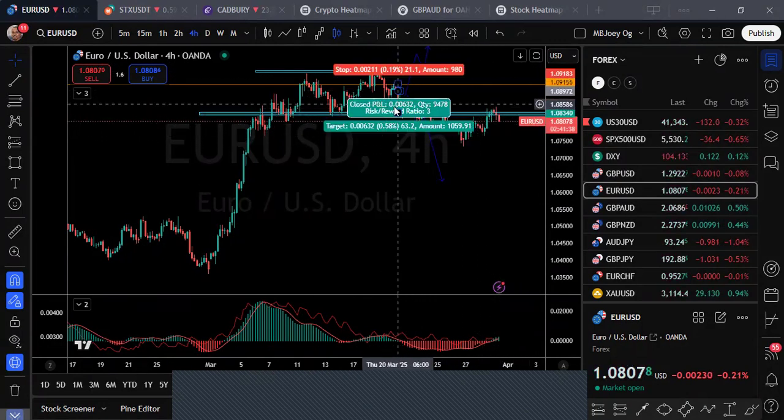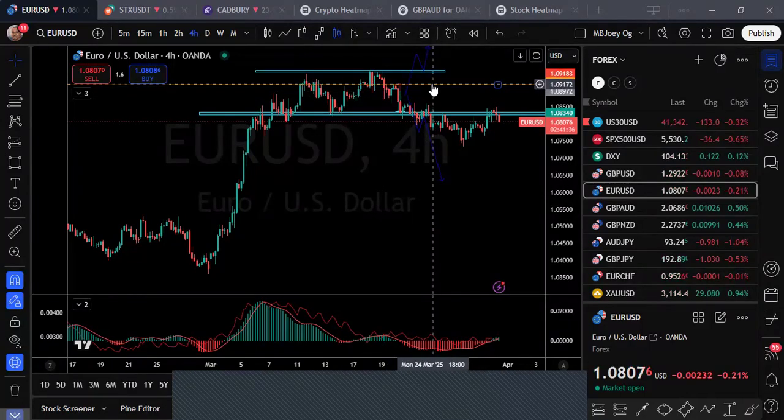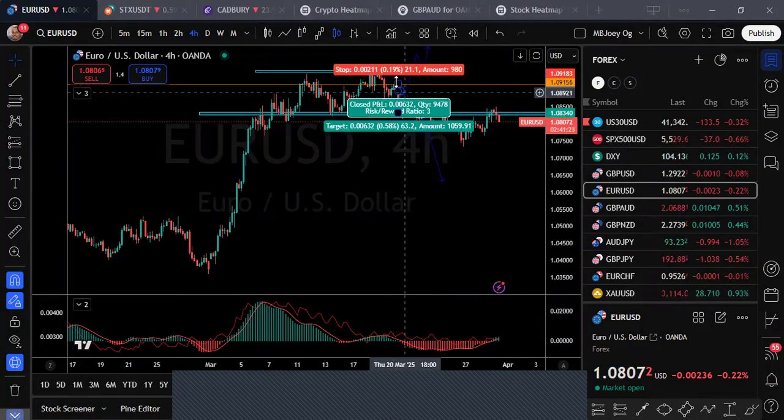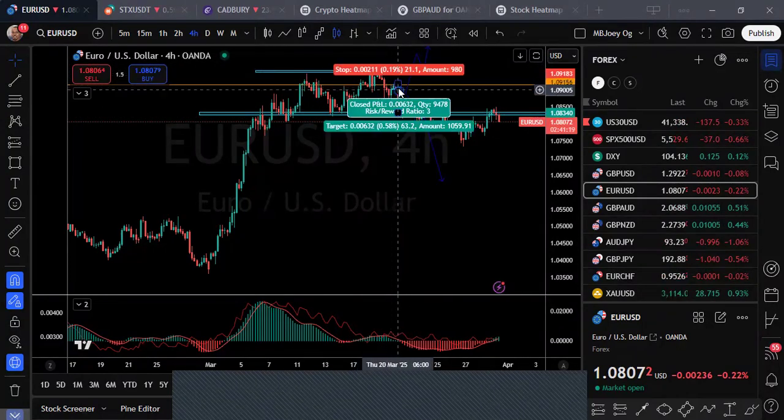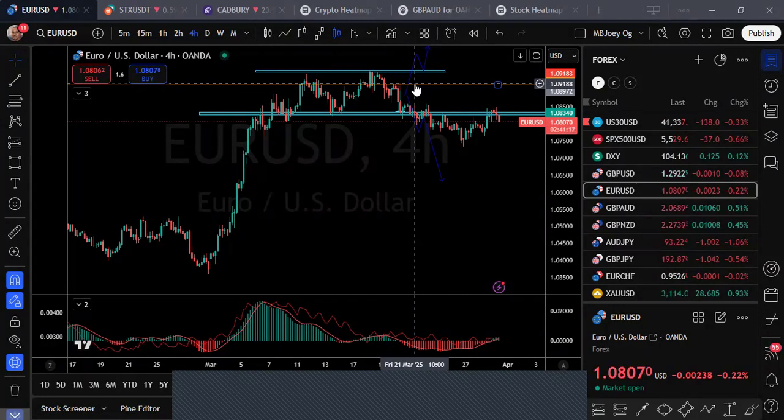Now, if you look, I have an orange line, which stood for my support and resistance. If you remember, I usually always say, pick one support that is close to where price is. This was the one that I picked at the time that was close to where price was.